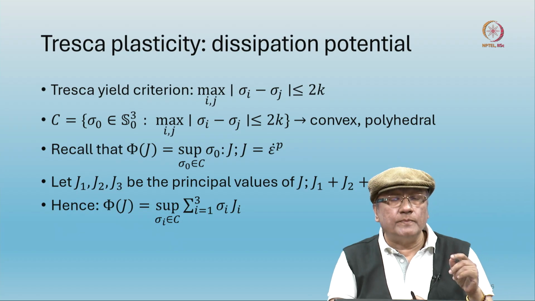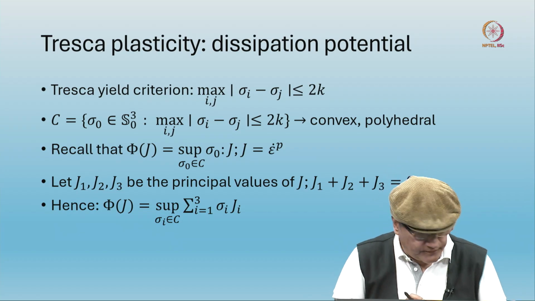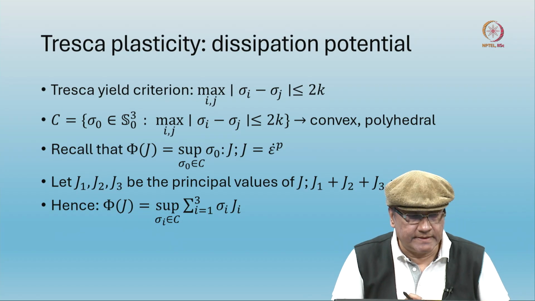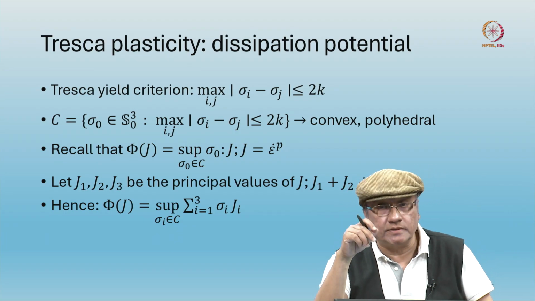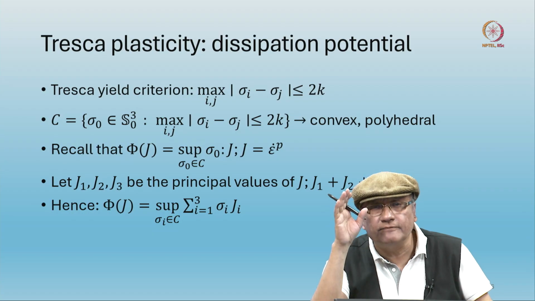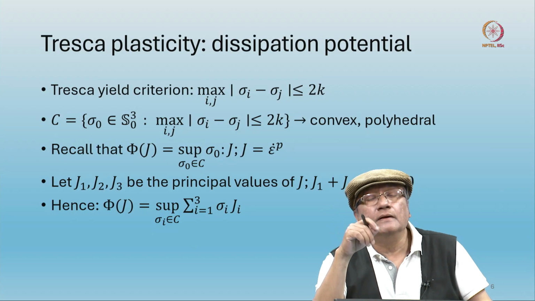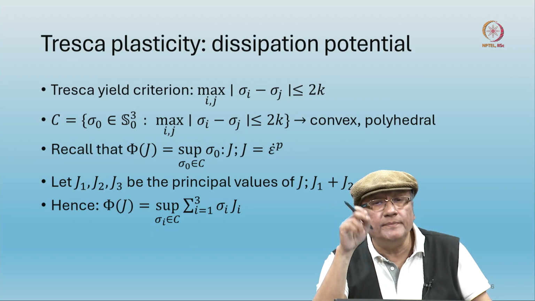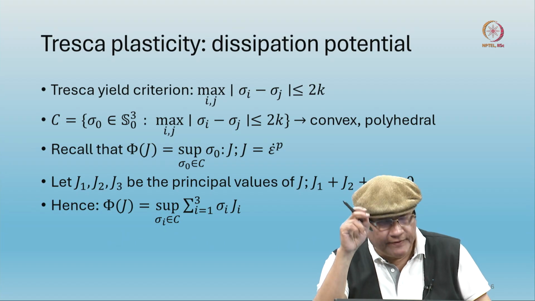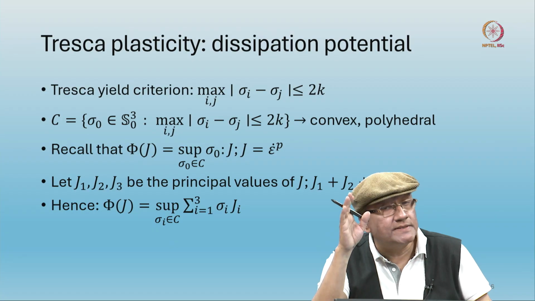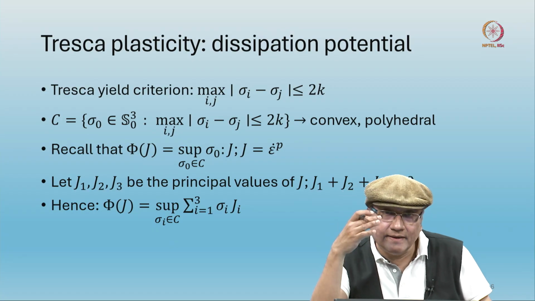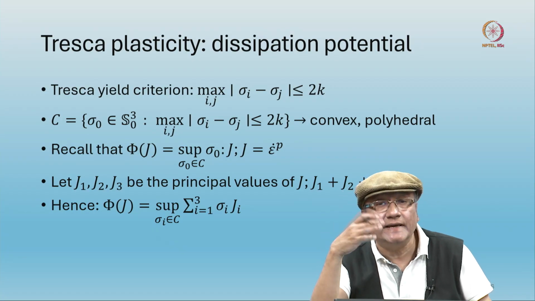So, what we are talking of so far is that whenever you get the stress-like object, or in general the thermodynamic force, from the subdifferential of phi, then you get the maximum possible dissipation. You cannot have that much dissipation for any other thing.